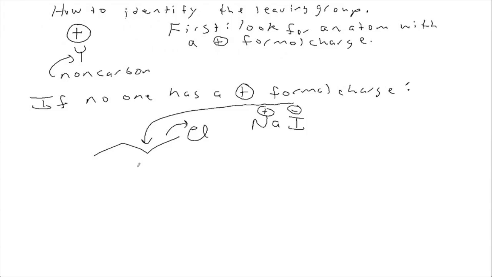So anything else besides chlorine that can be neutral and a good leaving group? Bromine. Yeah, so basically neutral chlorine, bromine, and iodine are good leaving groups.